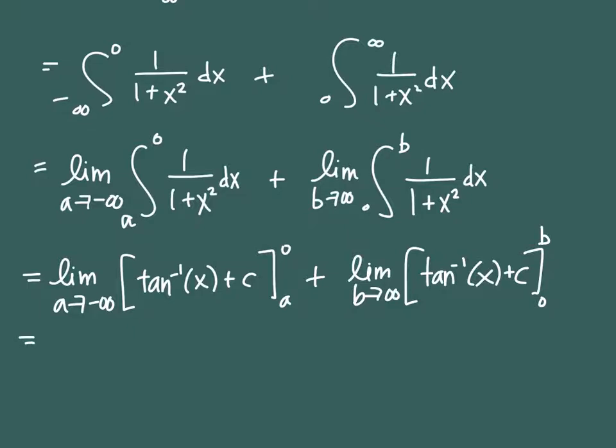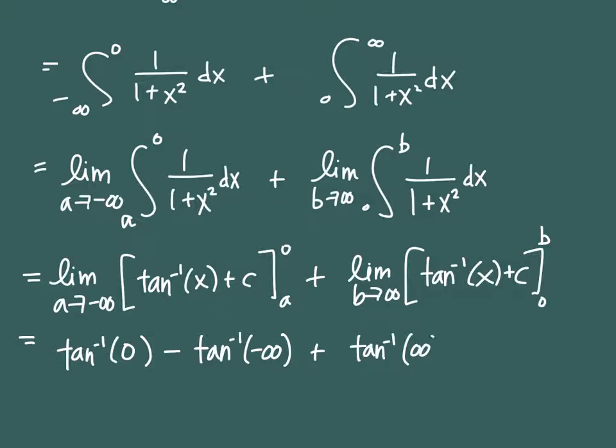And now we'll plug in. The inverse tangent of 0 minus the inverse tangent of negative infinity, plus the inverse tangent of positive infinity minus the inverse tangent of 0.